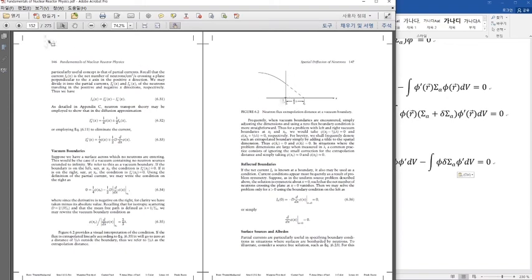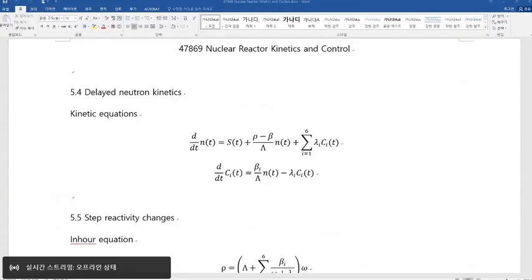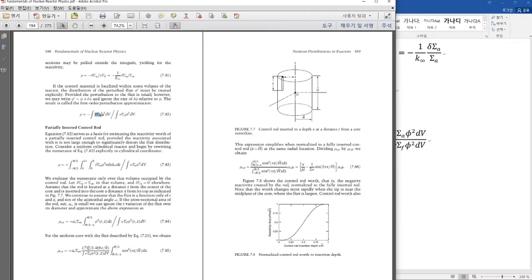So in that surface area, we need to know the amount of absorption cross-section inserted into the reactor. And that would be denoted as the absorption cross-section of control rod.